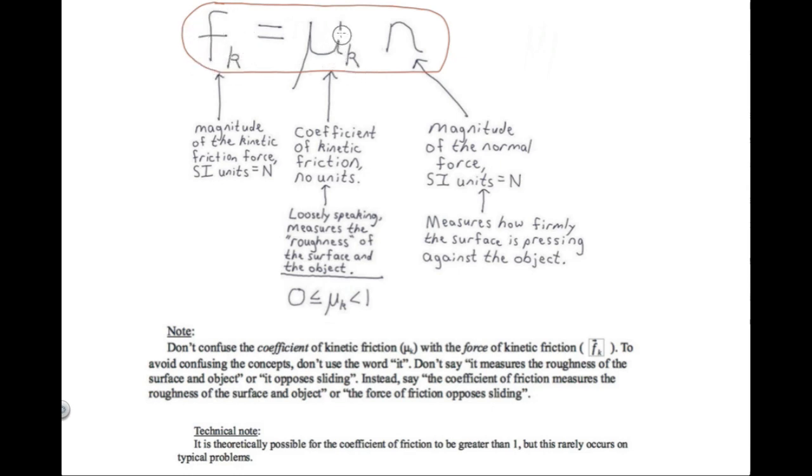The rougher the surface or the object, the greater the force of friction. And the more firmly the surface is pressing against the object, the greater the force of friction. I think that both of those factors will match your common sense understanding of how friction works in real life.